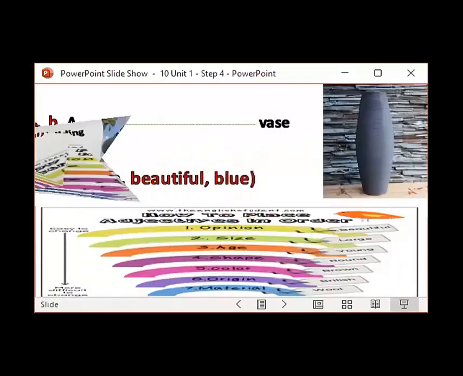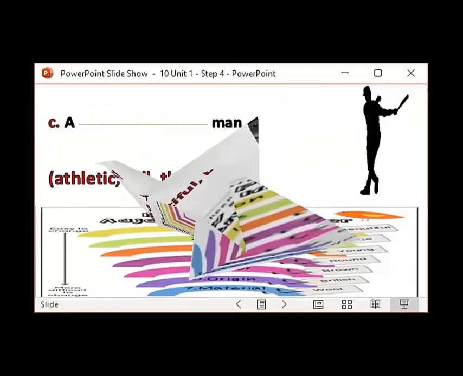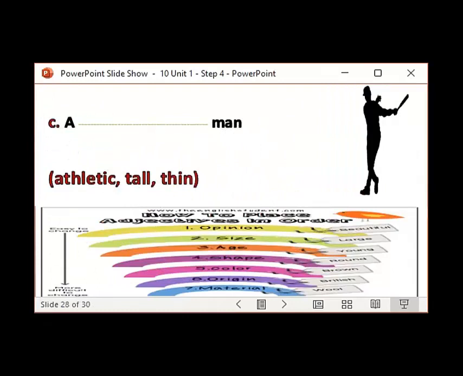Excellent. Now, B, a vase: wooden, beautiful, and blue. Put these adjectives in the correct order. Yes, exactly, a beautiful blue wooden vase. C, a man: athletic, tall, and thin. Exactly, a tall, thin, athletic man.